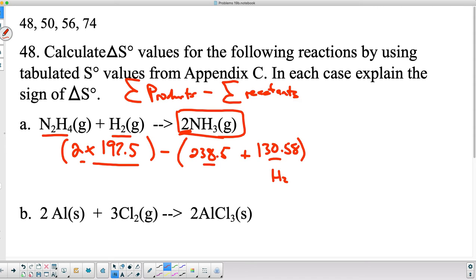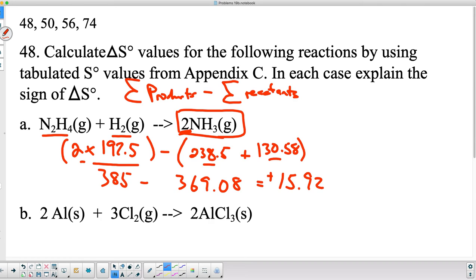You're going to start with the products. 2 times 192.5 equals 385, and we're going to subtract, and then I put these two together, 238.5 plus 130.58 means 369.08. So when I subtract these two, I get 385 minus 369.08 equals 15.92. That is a positive.